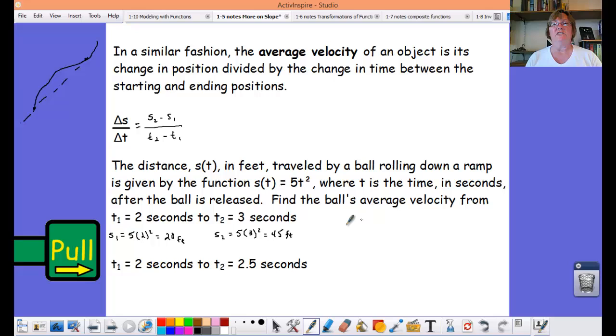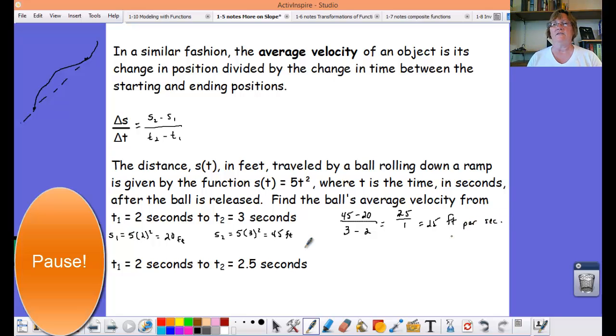Now finding the average velocity becomes an easy thing because we take the second distance minus the first over the second time minus the first. We're talking 25 over 1, or 25 feet per second, is the average velocity between the second and third seconds of this ball's travel.